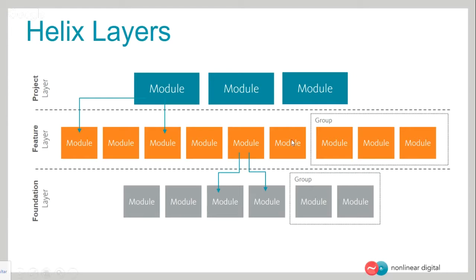So basically, you have modules referencing modules, and like you see here, you never use a reference among the same layer, always from top to bottom. There are some exceptions. You can have a feature module referencing another feature module. That's more common when you have them inside a group. However, you want to avoid that.